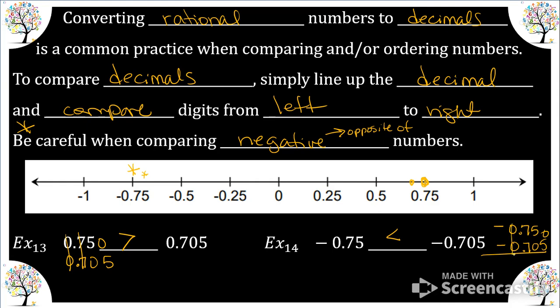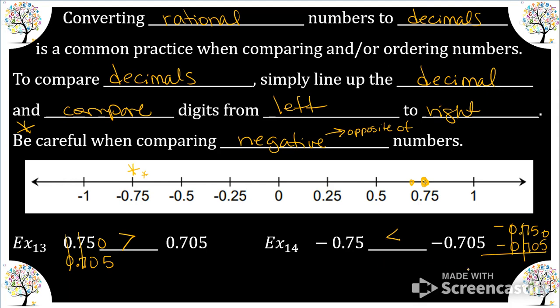So our zeros are the same. We have -7 and -7. Those are the same. Now we have -5 compared to 0, because 0 is neither negative nor positive. So -5 is smaller than 0. We would know -5 on the number line is to the left. So therefore, we do have less than.